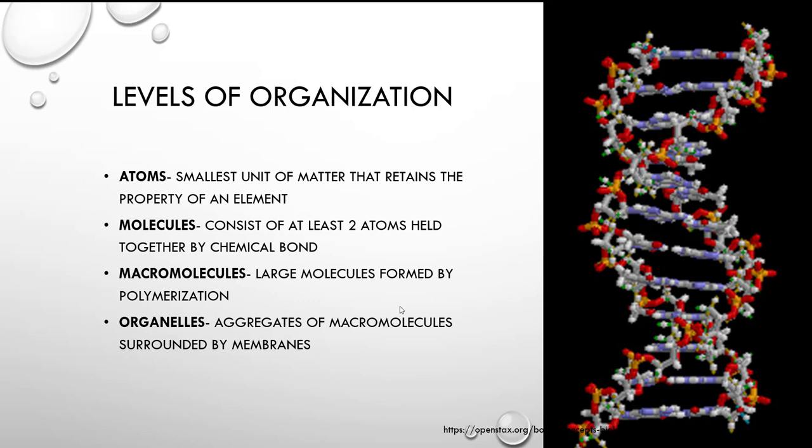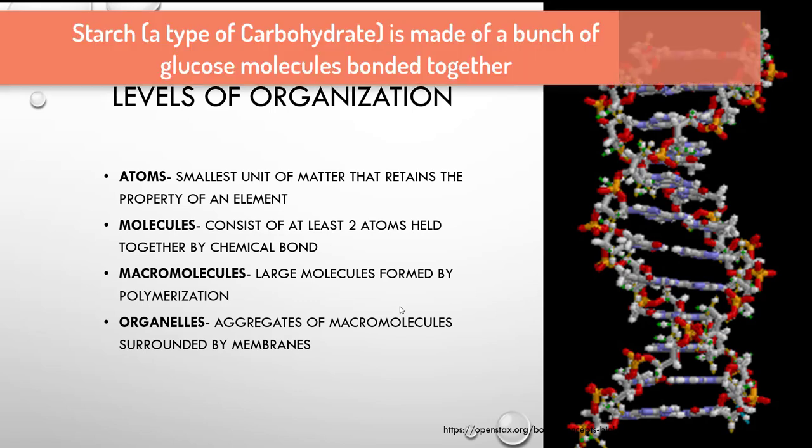But this is where we take a molecule such as glucose, and then we take multiple molecules of glucose and undergo a reaction called dehydration or condensation, and we end up putting them together to form a more complex molecule, a macromolecule called a carbohydrate, something like cellulose or starch.